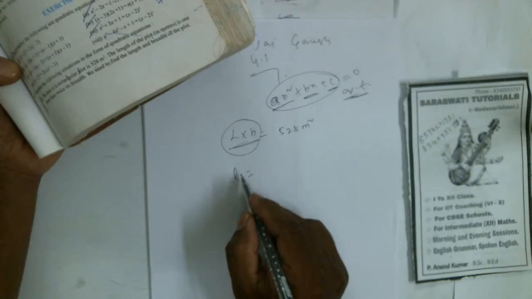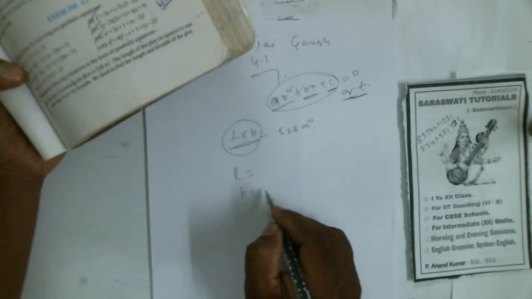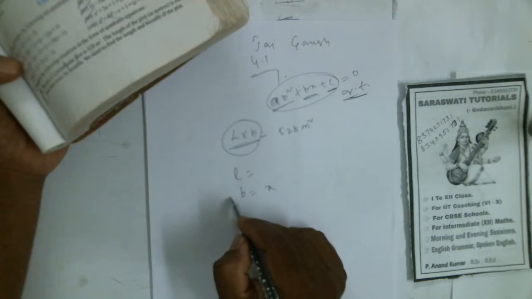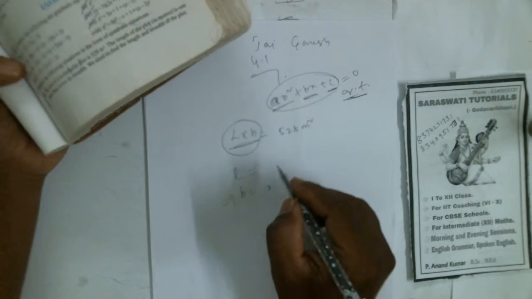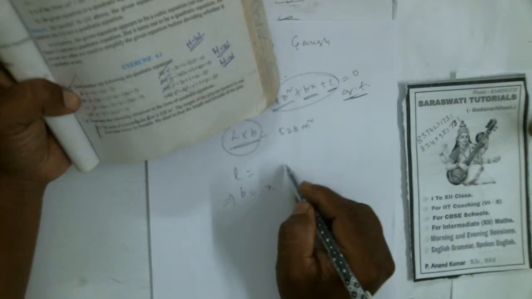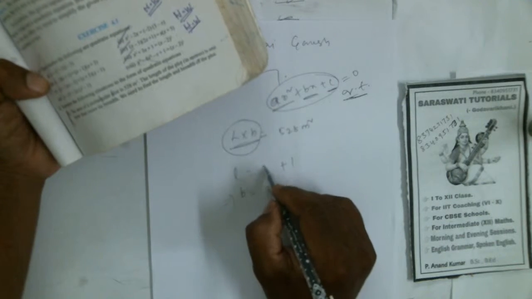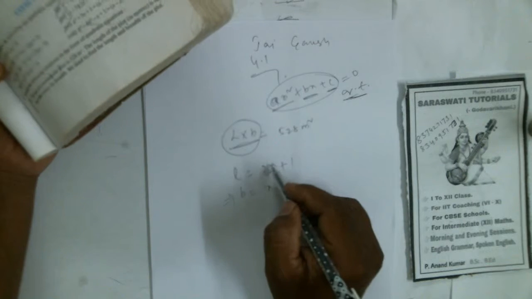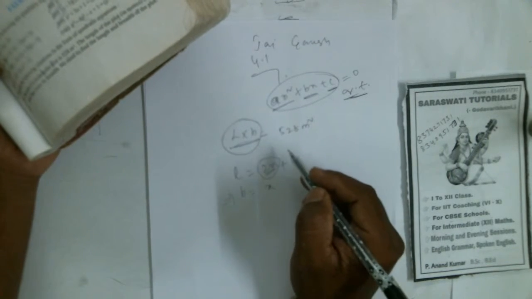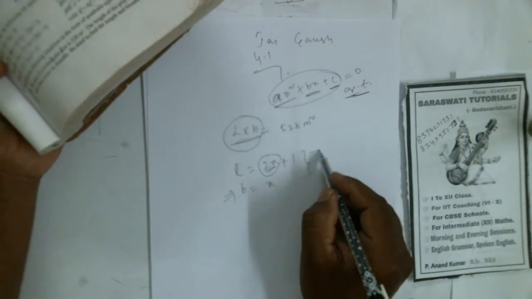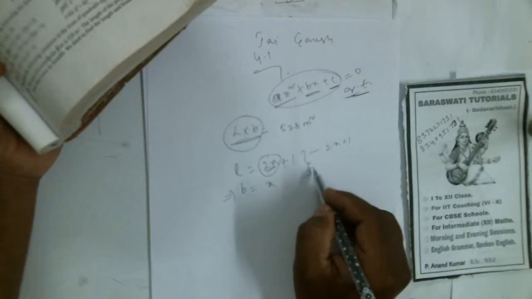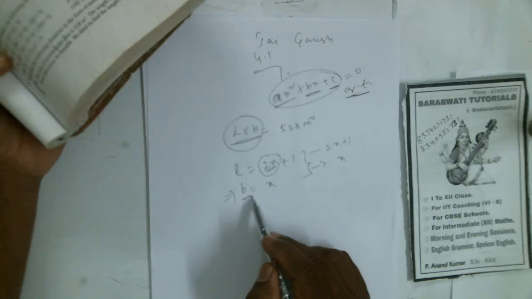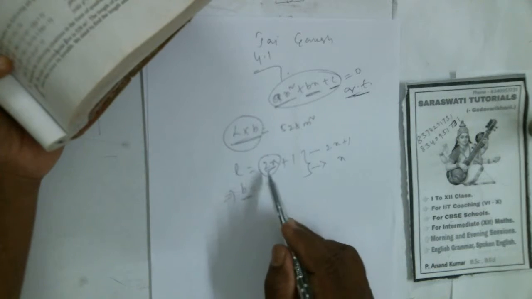First of all, take breadth as x. Length is one more than twice, and twice means 2x, so length is equal to 2x plus 1 and breadth is equal to x.